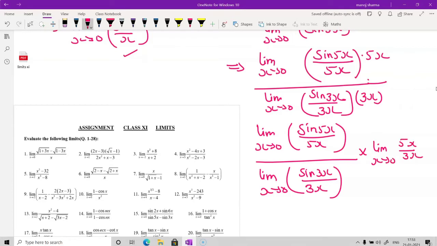Now you can cancel this in this phase, it gives better understanding. Now you can apply the standard formula of sin x upon x, which is 1.